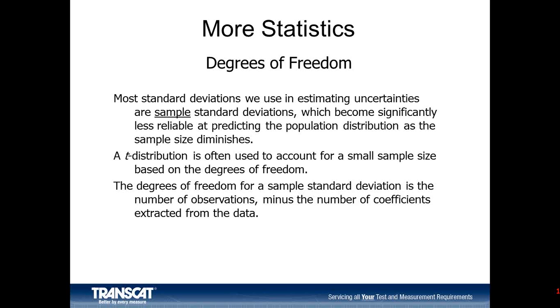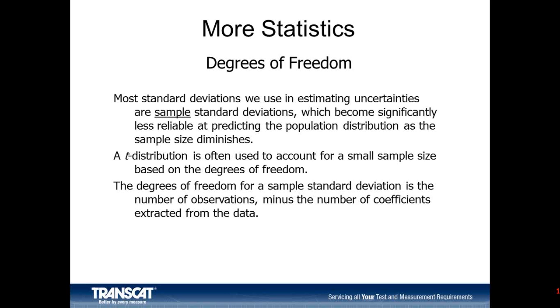The real case being what's called the population standard deviation, which would include everything. Obviously, we can't measure an infinite number of times. It's limited, but there's a statistical tool for compensating for that diminished sample size, and that is the T distribution, sometimes called Student T.